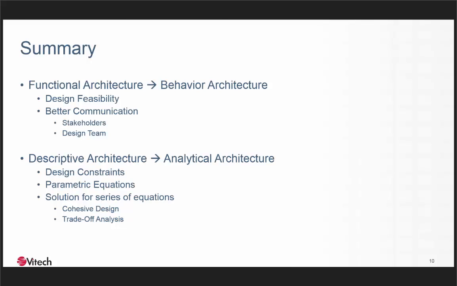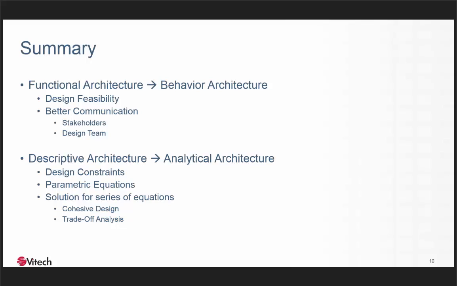I also showed the descriptive architecture. There's the physical allocation, or the physical breakdown of the components, the drivetrain, the new vehicle, etc., and then how our constraints constrain that design, and how those parametric equations build up so that we can look at the impact of changes in what's seemingly an insignificant requirement at the very beginning, and how that requirement can actually multiply in its importance as the design goes on.